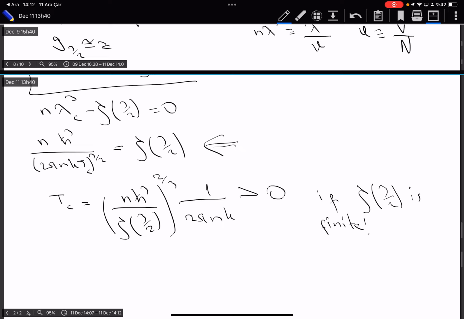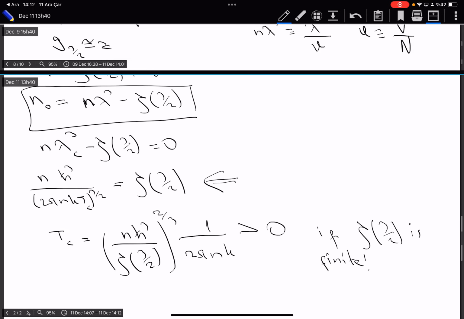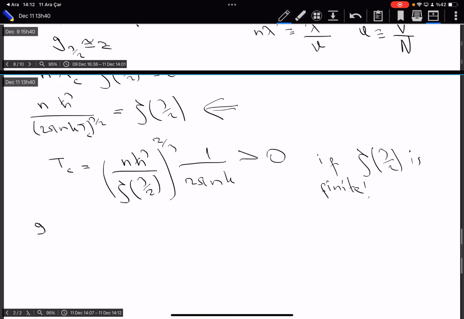Let's say that you don't know the zeta function. And remember, although here I just used this zeta function, remember the definition of G nu of z.